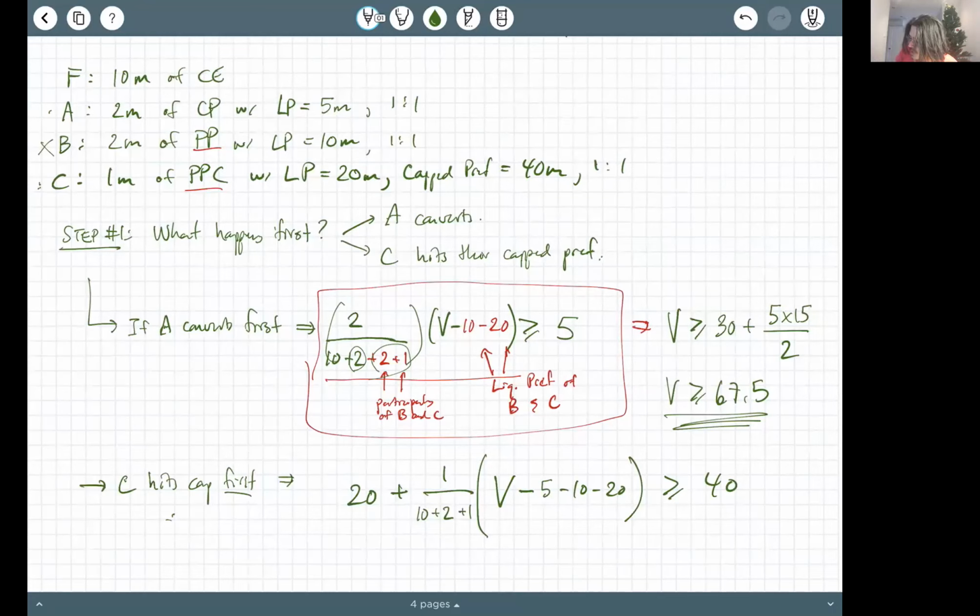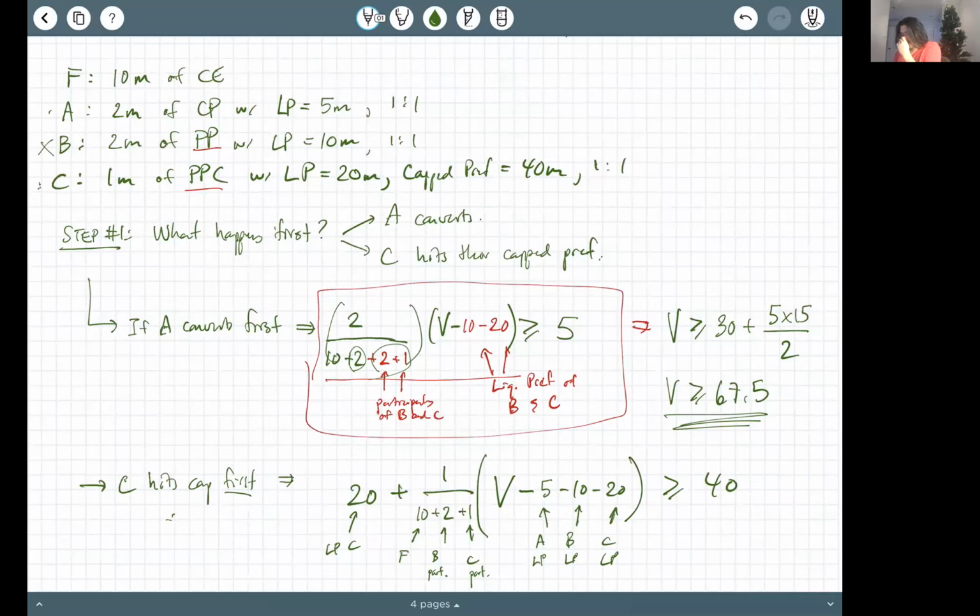Let me label all this. This is the liquidation preference of C. This is the founder shares. This is Series B participation. This is Series C participation. This is A's liquidation preference, B's liquidation preference, and this is C's liquidation preference.